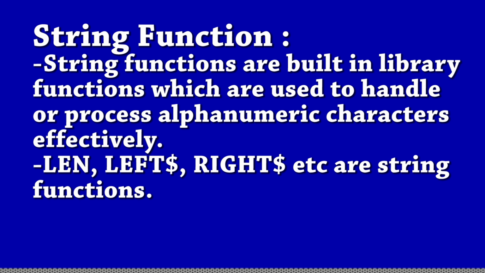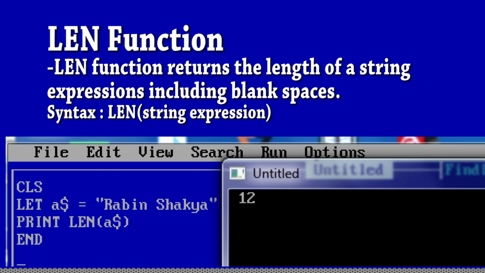So now I'll see the example of these functions. The first function, you can see, is the LEN function. LEN means length. The LEN function returns the length of the string expression including blank spaces. Whether or not there is a blank space between your name, that is also counted by the LEN function.